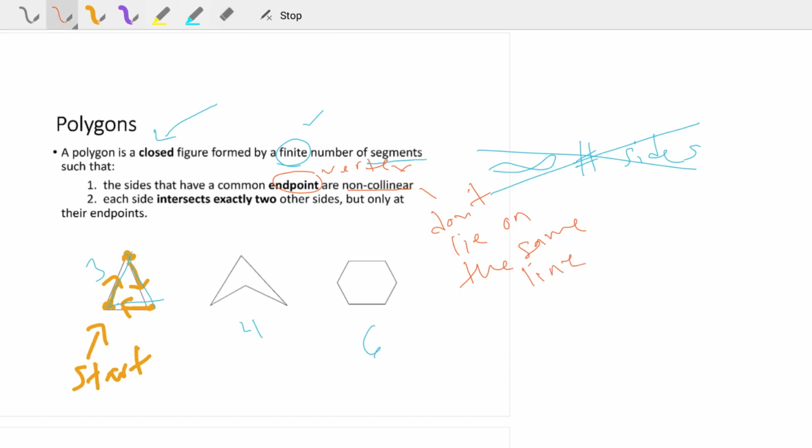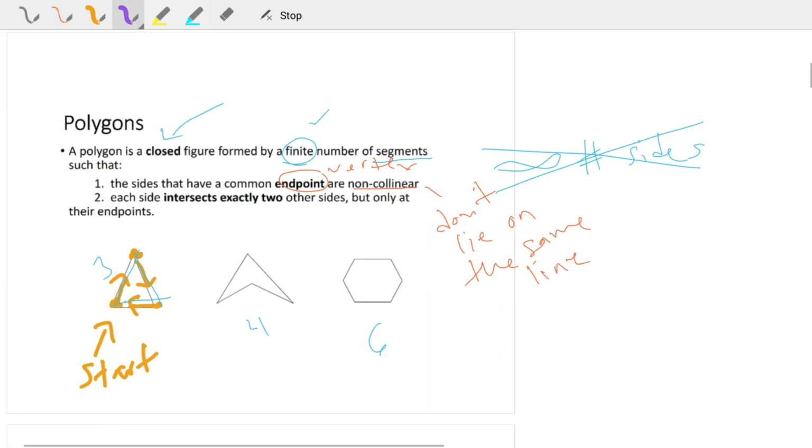For instance, in our example of a quadrilateral, we have one vertex there. The sides have a common endpoint, which means we have 2 sides that meet right there. That's the common endpoint, and the sides themselves are not on the same line. Let me give you an example of where this doesn't work. Here's our vertex, and imagine the side just continues.